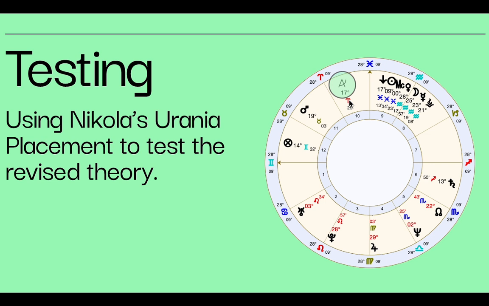But in my practice, inspired by Carl Payne Toby, Aries is ruled by Pluto. So if we trace back Urania, even though it's at 17 degrees in the revised theory that I'm proposing, Urania is still disposited by Pluto here, which is then disposited by the sun.